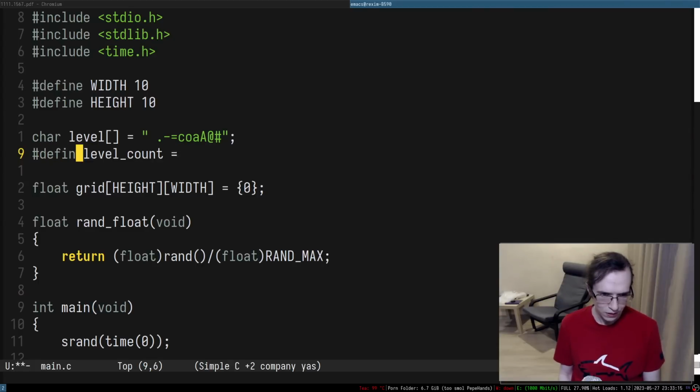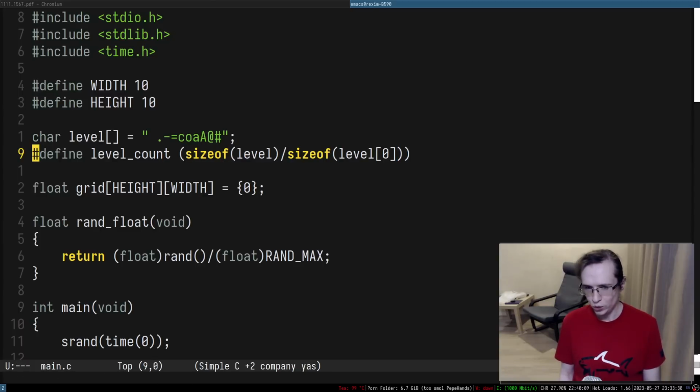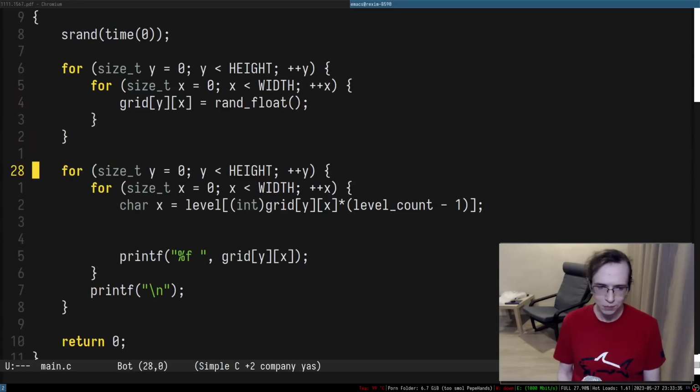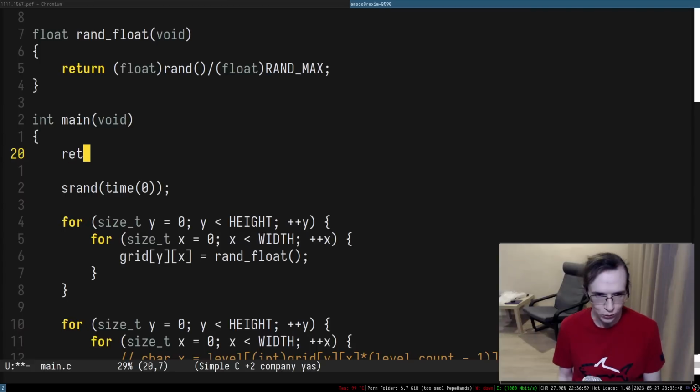If I do size of level divided by size of level 1, I'll get the amount of elements in this specific array, which is actually going to be kind of not correct. You'll see why. So let me just print the amount of levels that we've got in here.